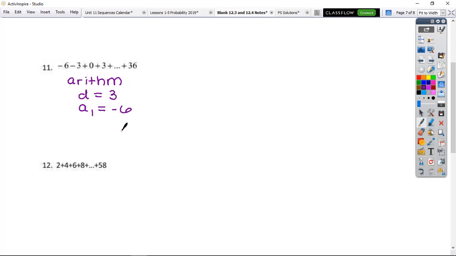Then I'm going to write the formula that is right on the top of your quiz: a sub n is equal to a sub 1 plus d times n minus 1. So a sub n is equal to -6 plus 3 times n minus 1.